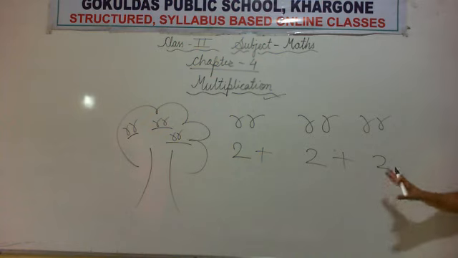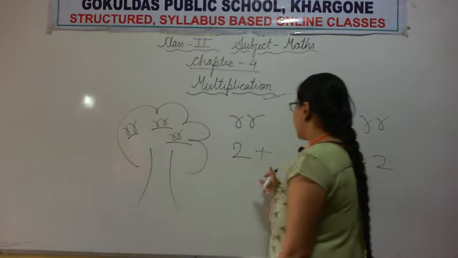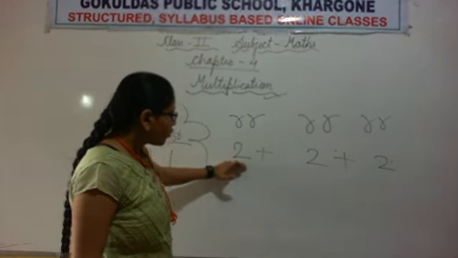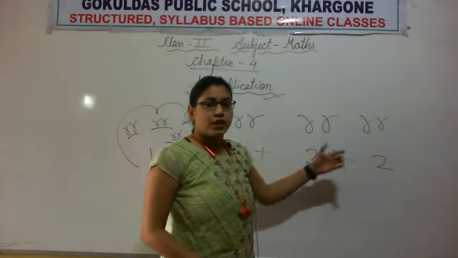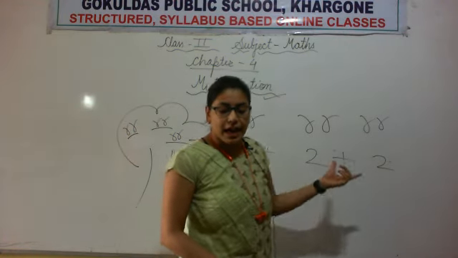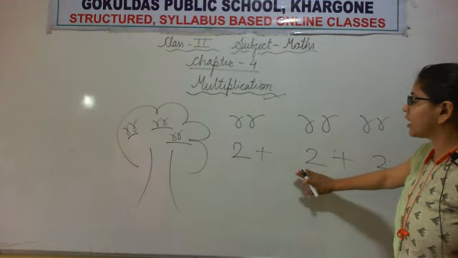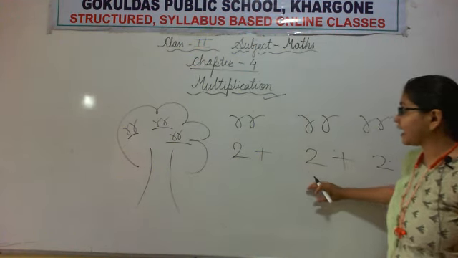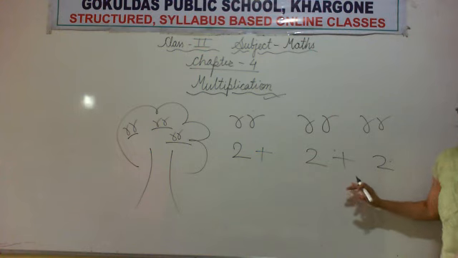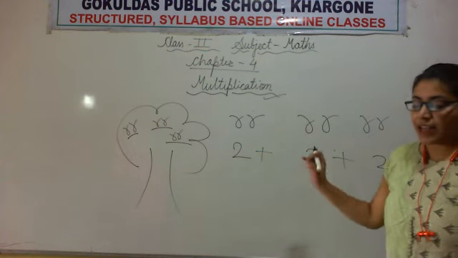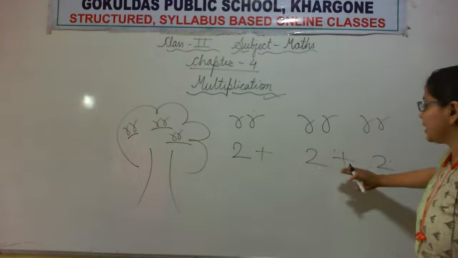So this is how 6 birds are there. See, 2 plus 2 plus 2. The same number is repeated. What is happening? We are adding the same number, so repeated addition of the same number is happening here.